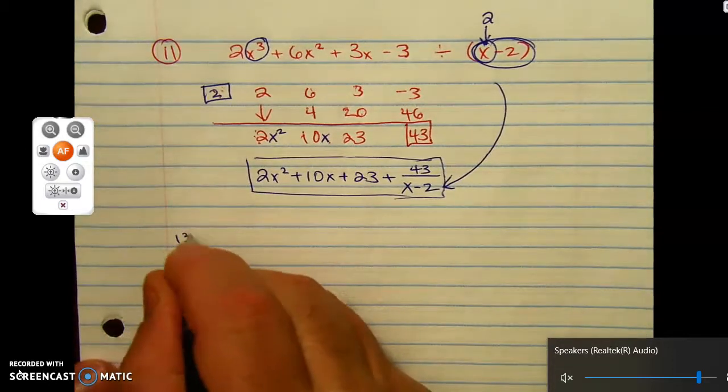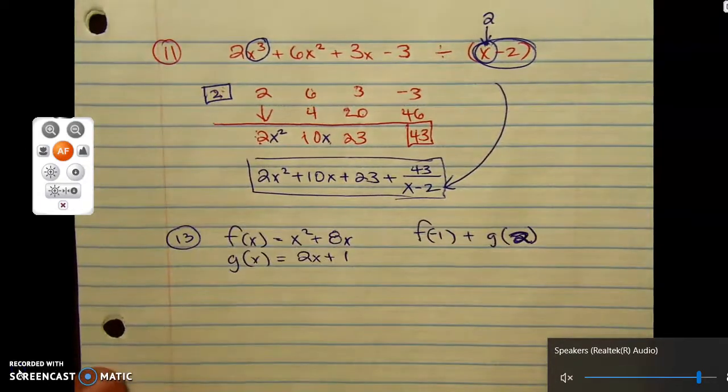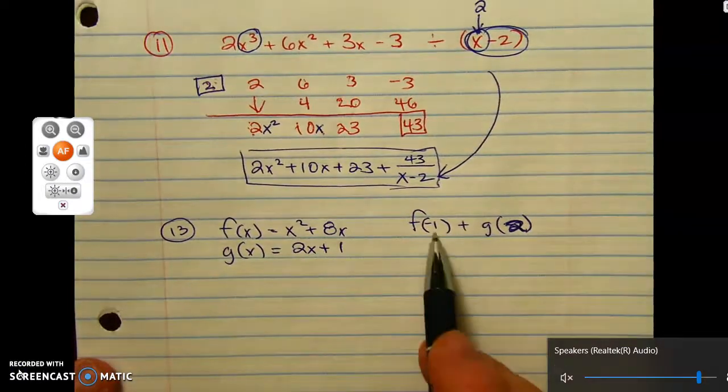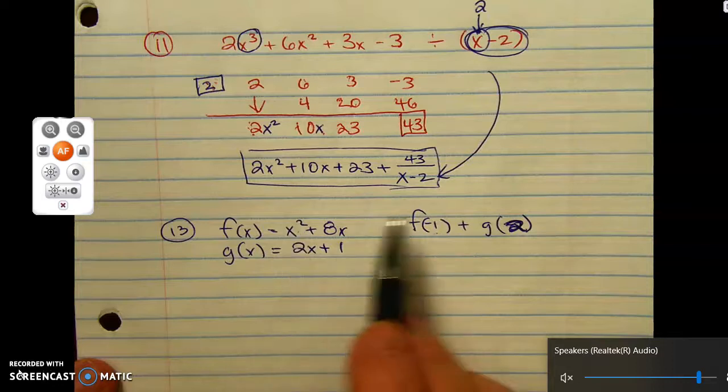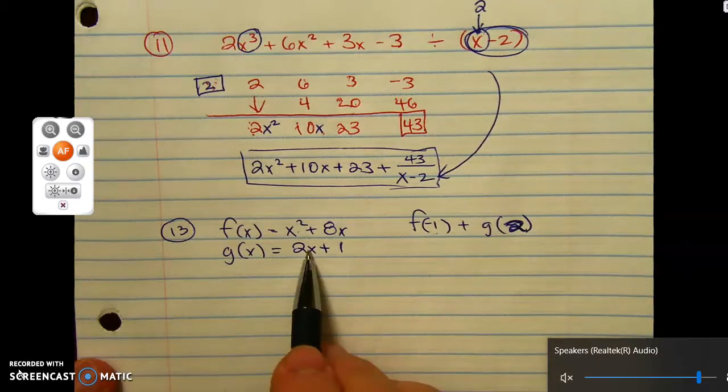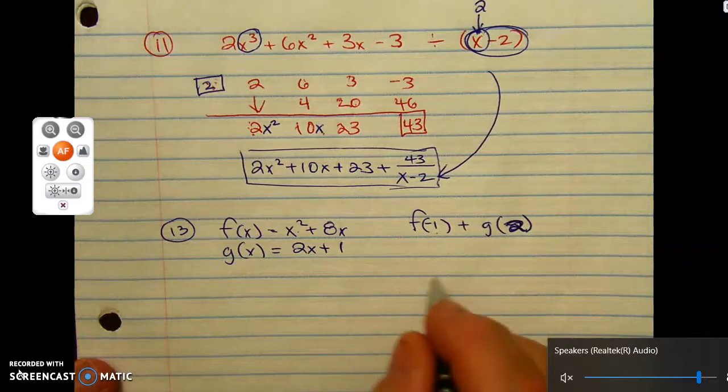Number 13. F of -1 means to put -1 into this function. G of 2 means to put 2 into this function. So let's do f of -1 first.